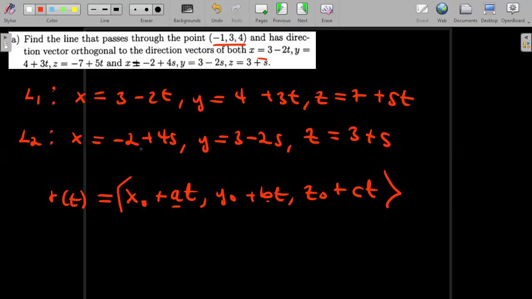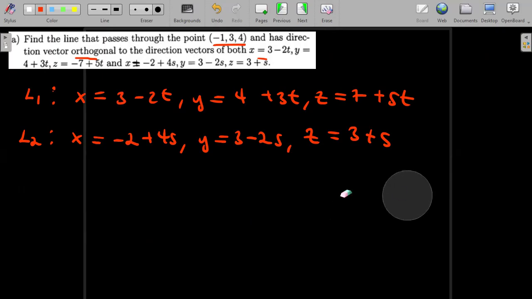Now, for this question, because they've told us that it has a direction vector orthogonal to the direction vectors of both these lines, we must find that vector. To find that vector, we have to find the cross product of the direction vectors of these lines. So we first get the direction vectors.